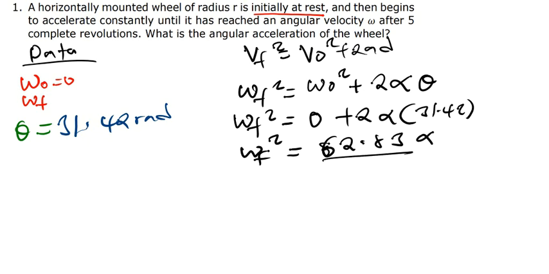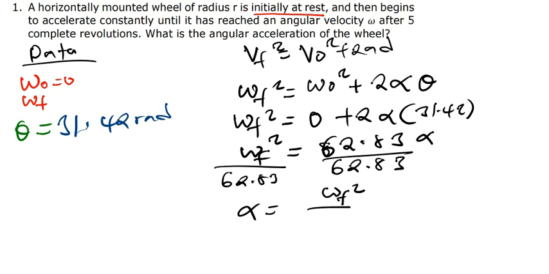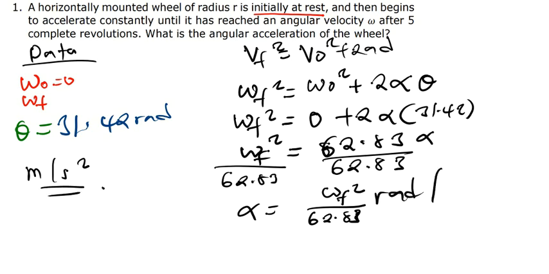I'll divide both sides by 62.83, so alpha becomes w squared over 62.83. Under linear motion we were talking about meters per second squared, but in this case it's rad per second squared, because this is in rad per second, so it is rad per second squared. That becomes my answer.